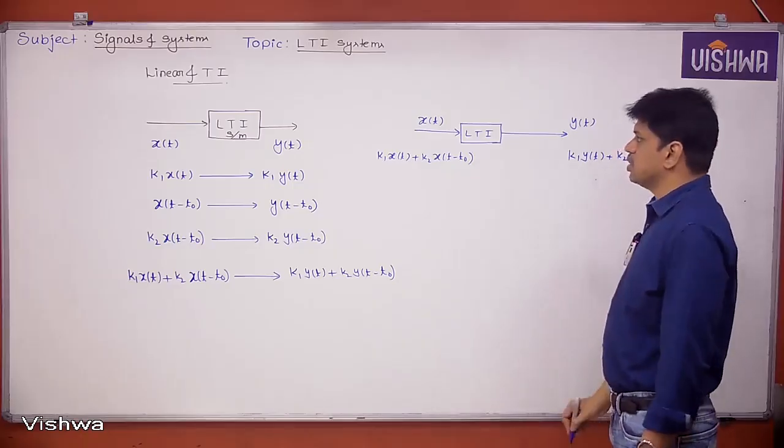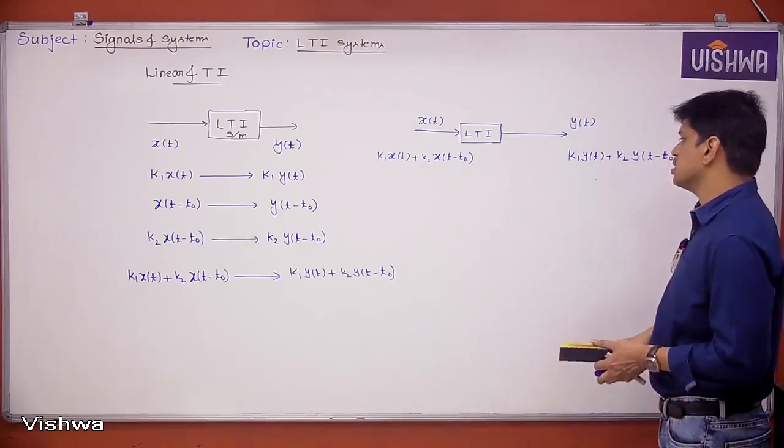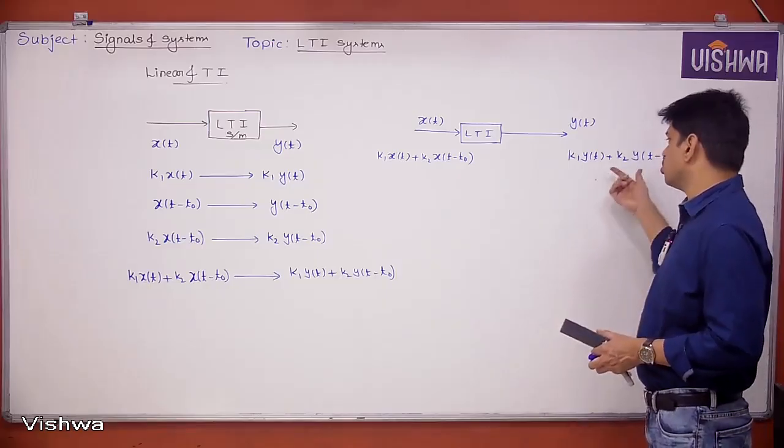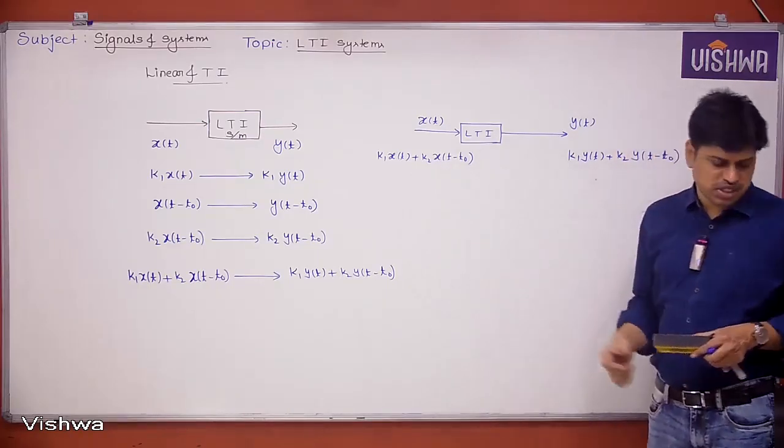Okay, take it. So this is about the linear system. A linear system is going to give you the output in this form if the input is in this form.